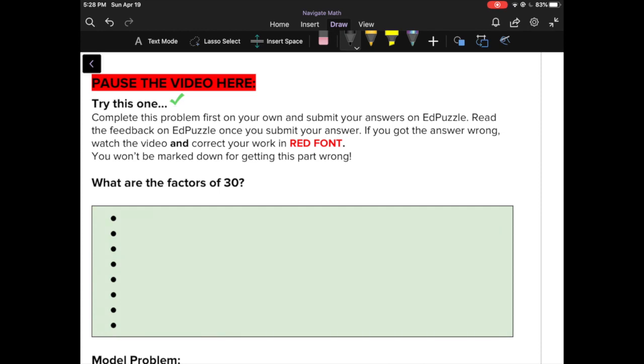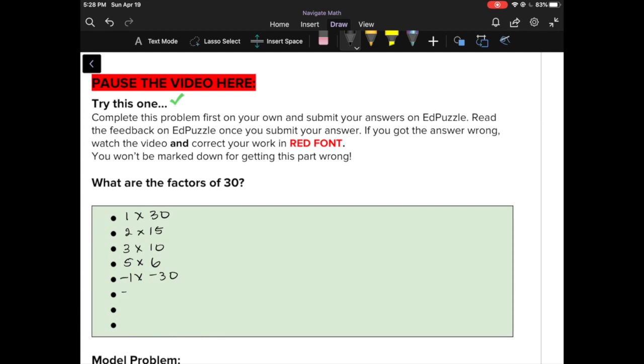Okay. So, what are the factors of 30? Well, there's 1 times 30. There's 2 times 15. There's 3 times 10. There's 5 times 6. Okay?